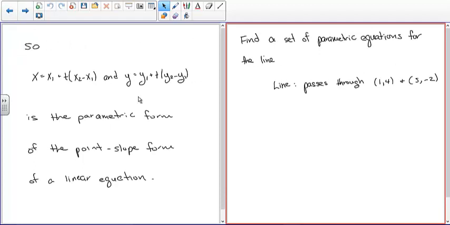So the last thing we were talking about was using this form for calculating the parametric equation for a line in 2 dimensions given 2 points, x1, y1, and x2, y2. So let's go ahead and try this. All you have to do is basically just plug them into the equation and simplify.